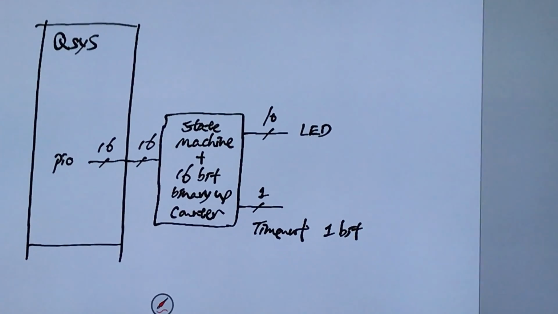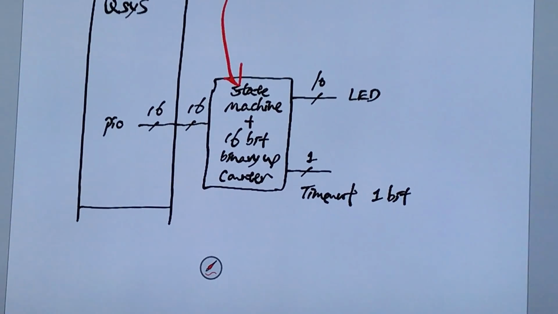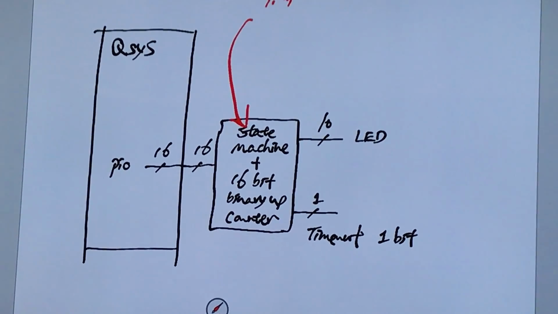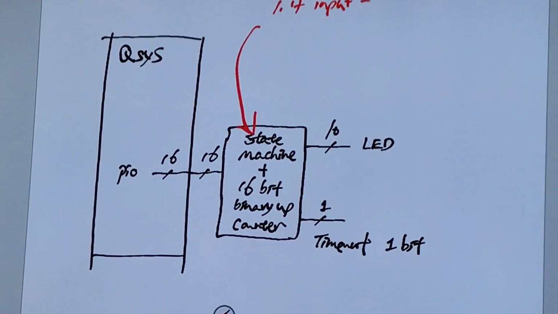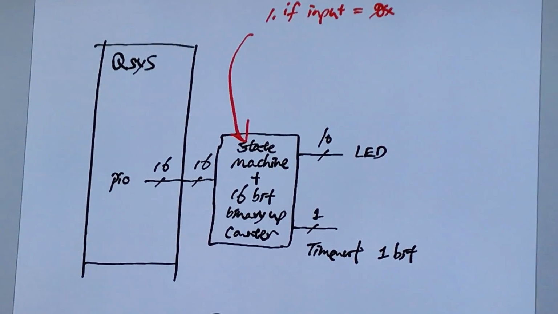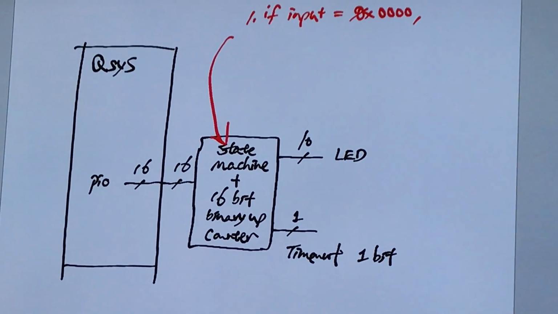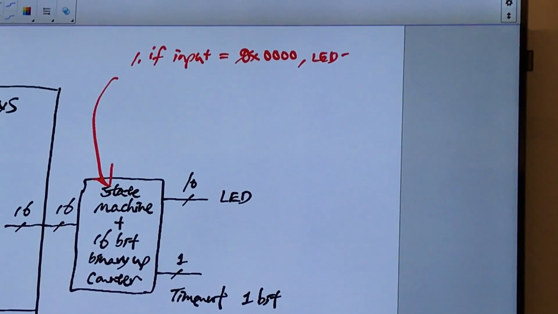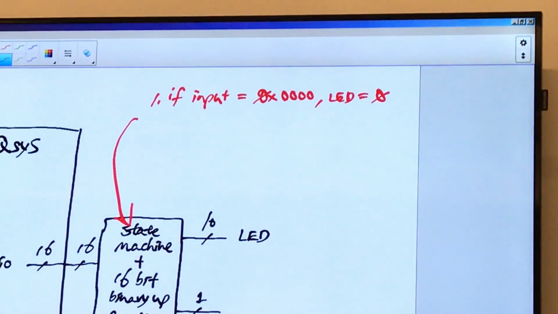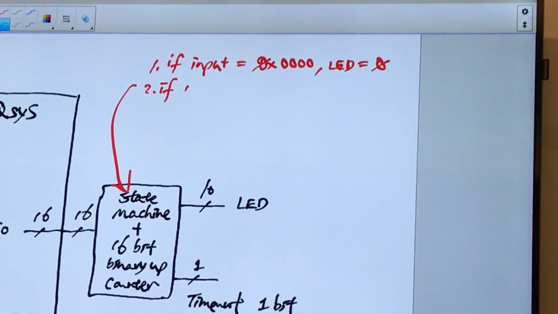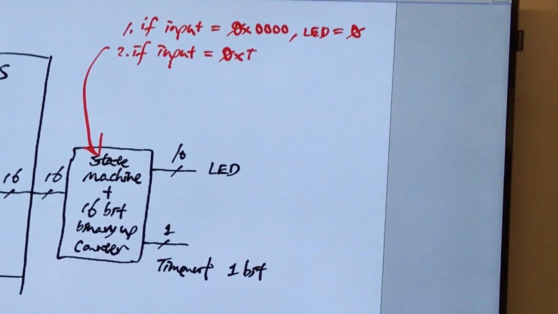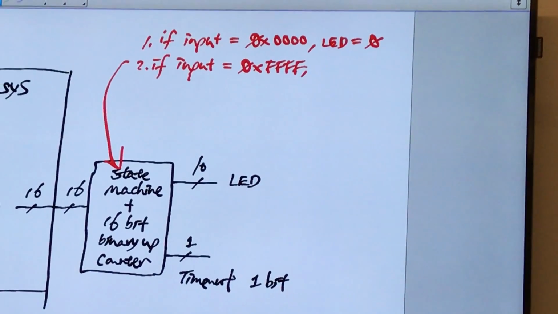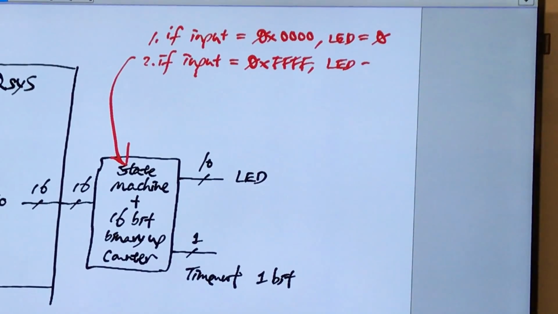So this circuit we will do is first give input equals 0, 0, 0, 0. LED equals 0. And input equals 0, F, F, F, F. LED equals to 1.